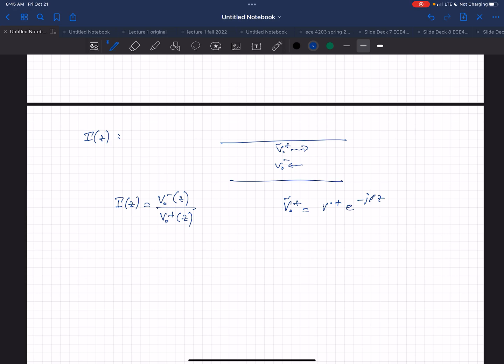So at any point along the line, V0 minus of z is equal to V0 plus of z e to the plus j beta z times this gamma L of z at any point along the line.